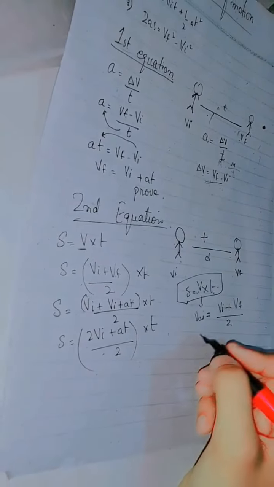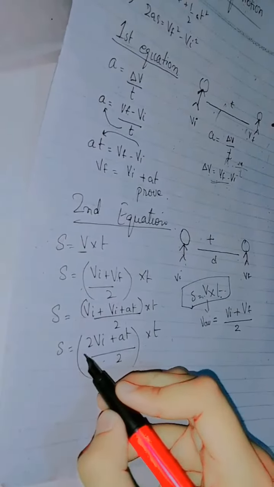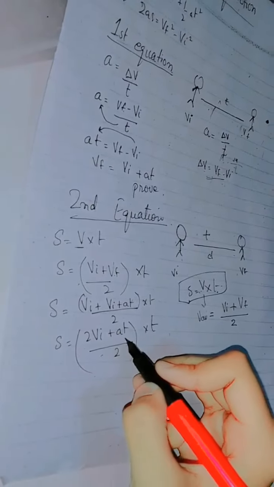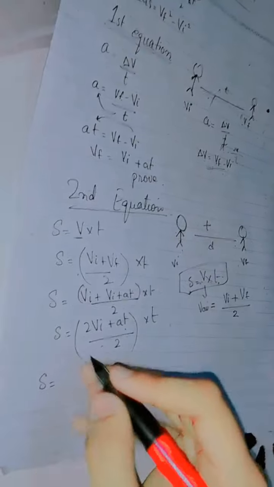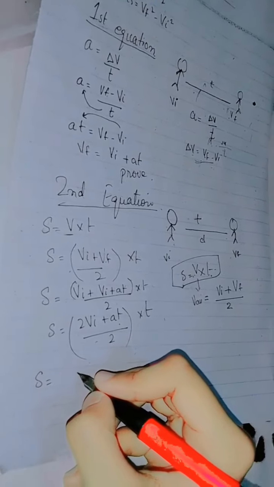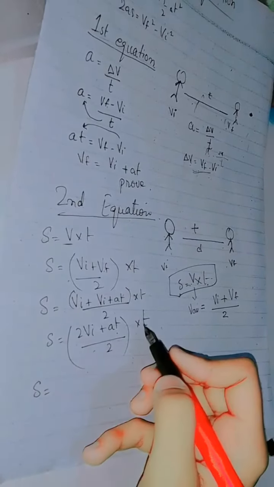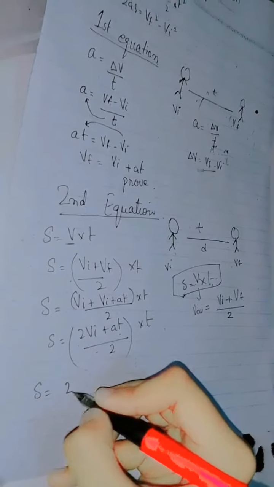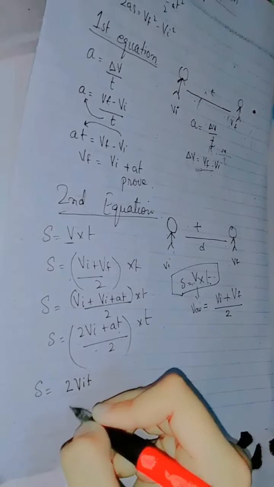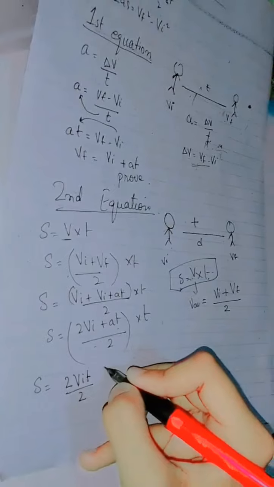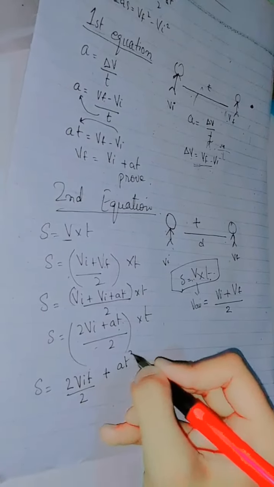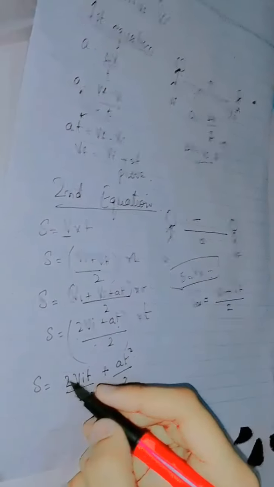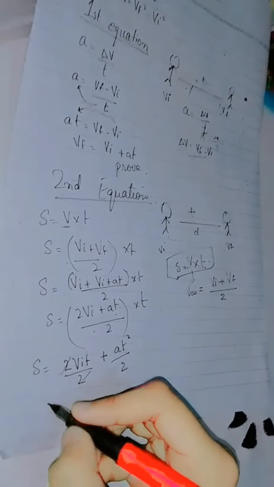Here dividing by 2 means it is dividing both 2Vi as well as At. So we'll separate it to make the equation. 2Vi multiplied by T will be 2Vit and divided by 2. Then plus At into T will be At square upon 2. The 2s cancel.